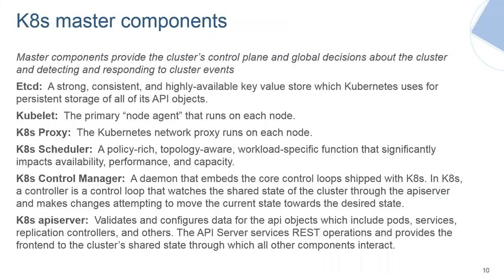A few of the key roles played within the Kubernetes nodes are the proxy, which runs on each node to provide network connection, the scheduler, which places your workload while managing to performance and capacity goals, and the API server, which acts as a front end to the clusters and services the REST operations which are coming in to the environment.